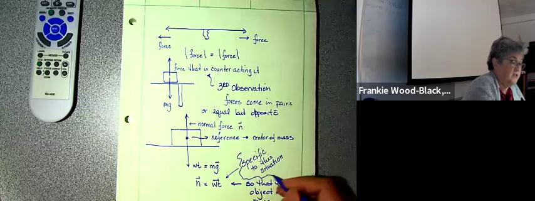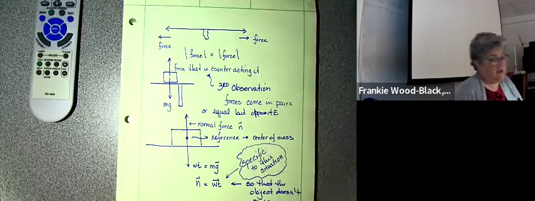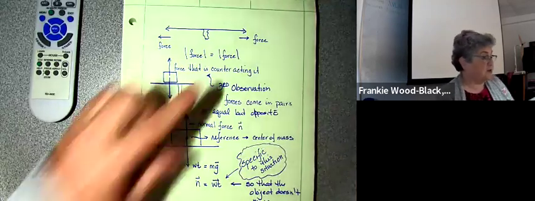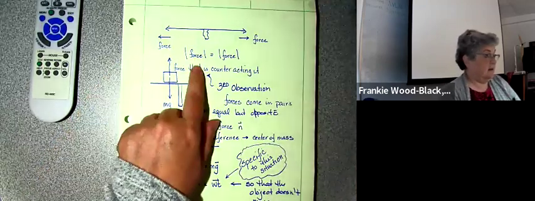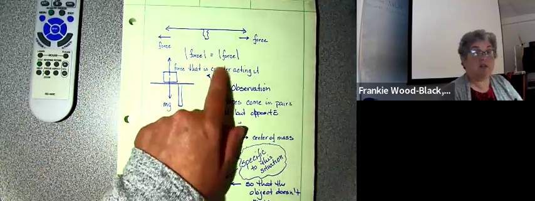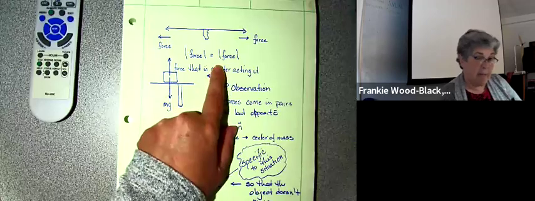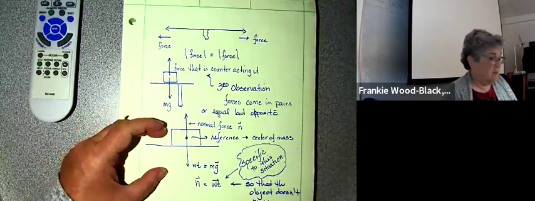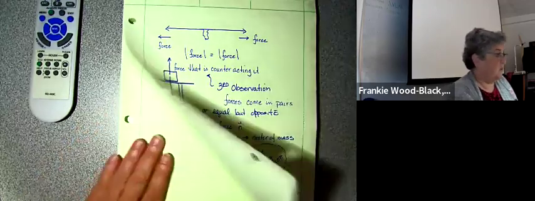I don't want you to get confused when we get ready to do something else. So my first observation is that an object in motion remains in motion unless acted upon by an unbalanced force, and that forces come in pairs. So we're going to work with that for a second.